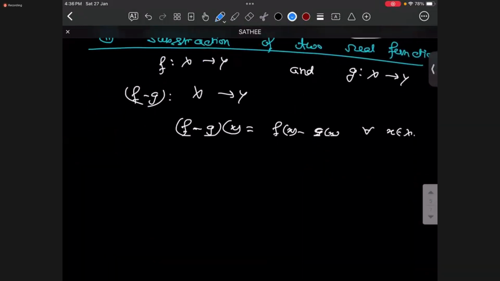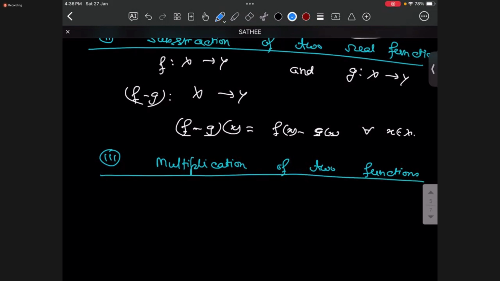Now the third thing is multiplication of functions.